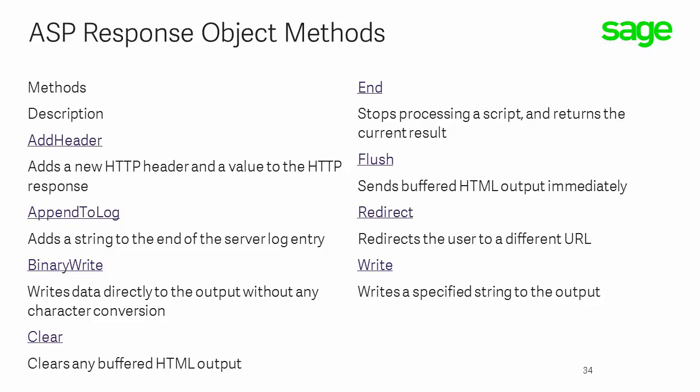And redirect, as I said, is used once a record has been edited or committed, when we want to rebuild the URL that it needs to use on the next page. So we would use a redirect to say, right, now we've done this, we're going to send you to this location.